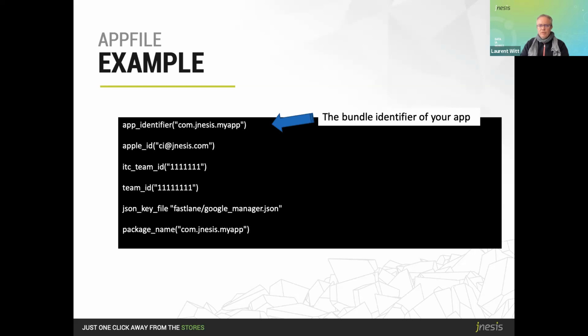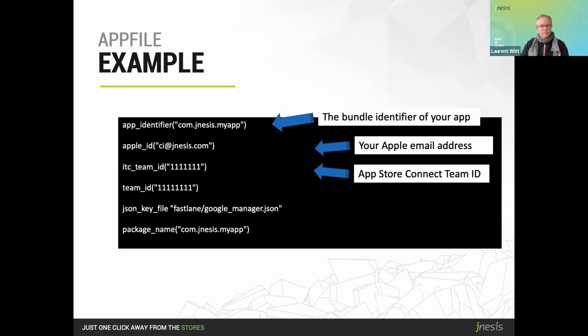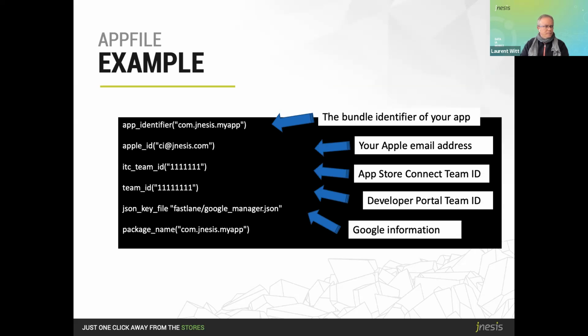In this very example, we want to deploy on both App Store and Play Store. So we have to give some basic credentials like Apple IDs or developer portal team IDs. That's basically defined once for all in a project. You see, it's pretty easy.